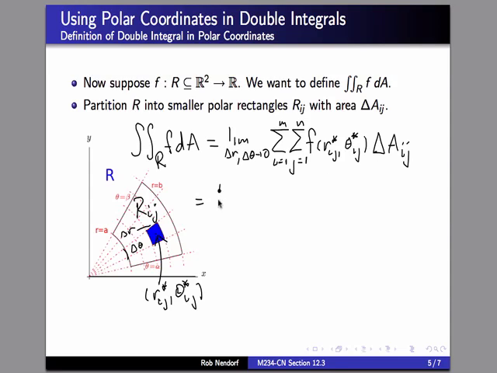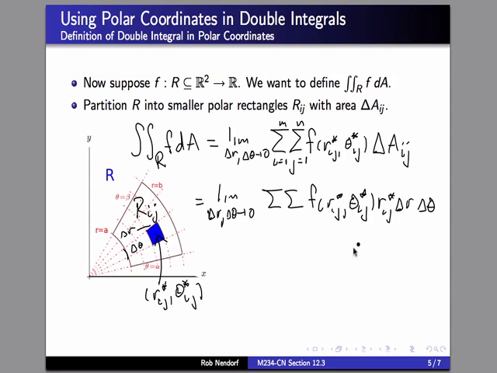So we have the limit as delta r, delta theta go to 0. We have this double sum. I'm going to be a little bit lazy here. So f of r sub ij star, theta sub ij star, and then delta A was r sub ij star times delta r times delta theta.